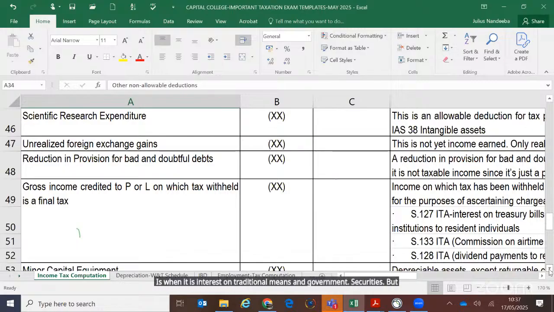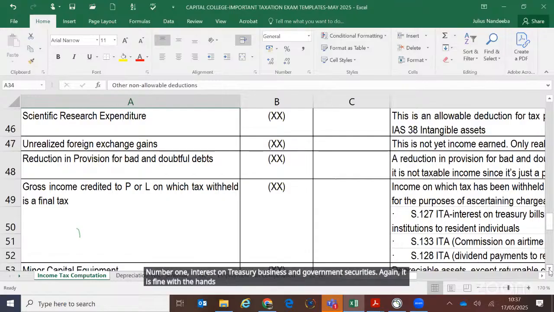But if you're dealing with an individual, you have more marks to think about, because an individual earns incomes that are subjected to withholding tax as a final tax. And therefore, if I find them in the POL, I will come and subtract them. Which are those incomes? Number one, interest on treasury bills and government securities. Again, it is final in the hands of an individual.